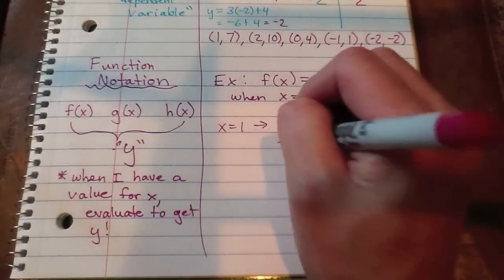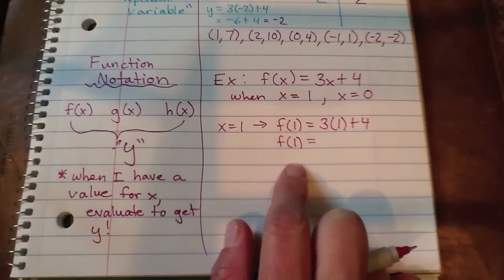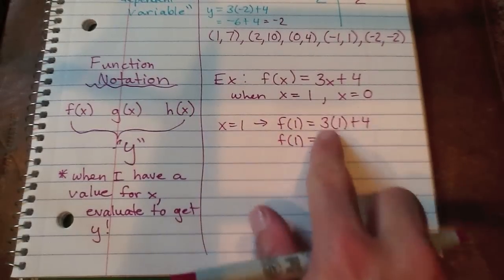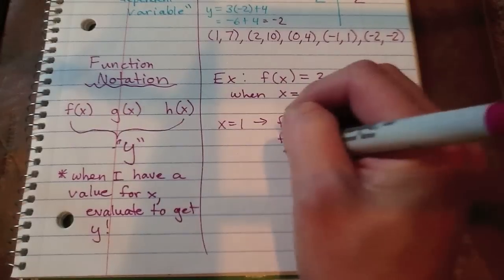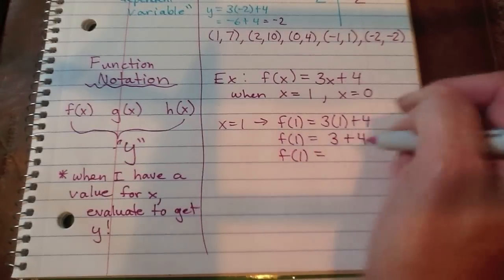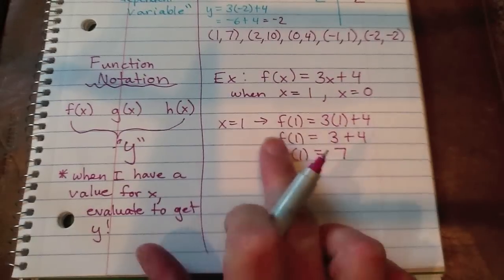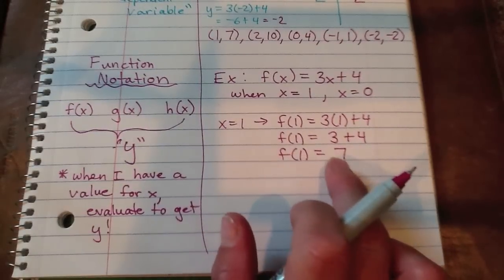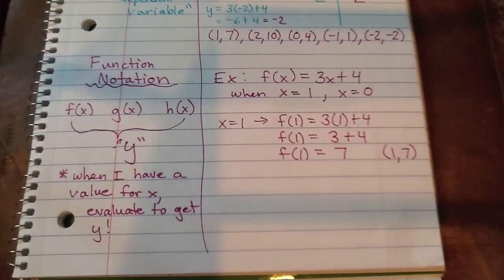You just keep bringing f of 1 down because it's not actually numbers you're solving for. And you're evaluating that side. So 3 times 1 is 3, 3 plus 4, f of 1 equals 7. When x is 1, y is 7. So it basically makes a point (1, 7). You're not solving for f there. It's just like a y.